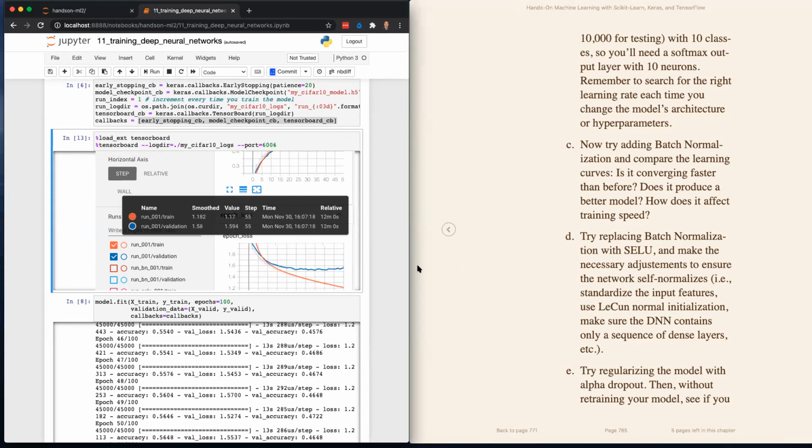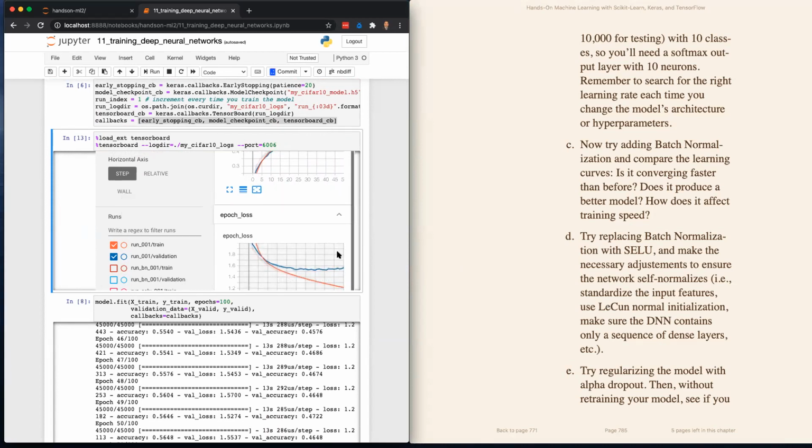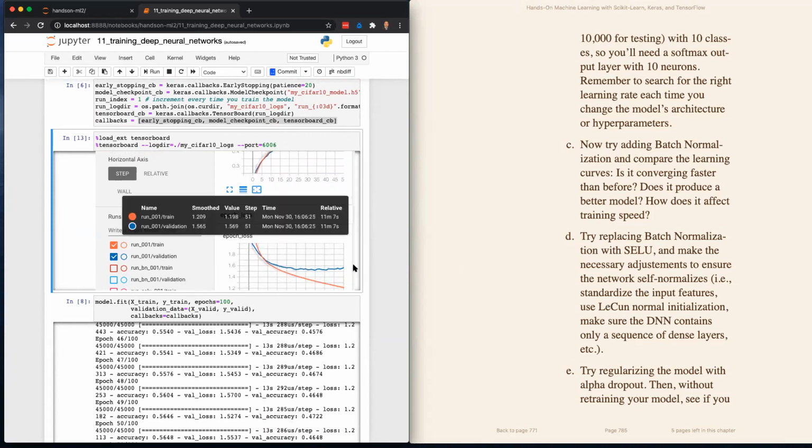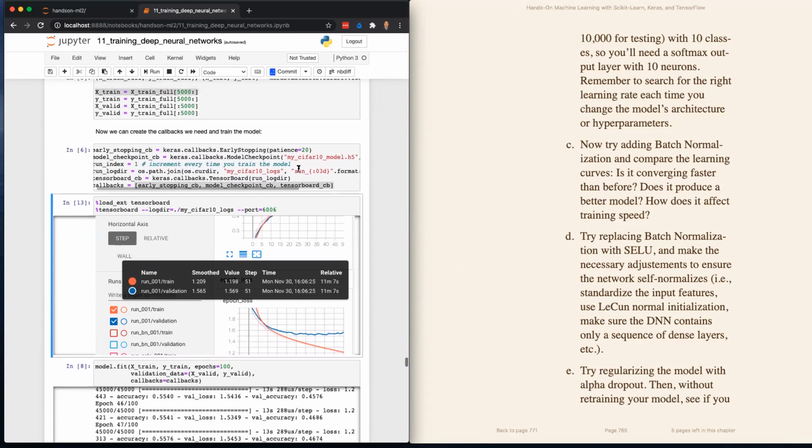Not validation accuracy. Is that right? I think both. Yeah, validation loss. So we are saying early stopping here: keep going for 20 epochs and stop. Yes, it's the validation loss it's going to look at.